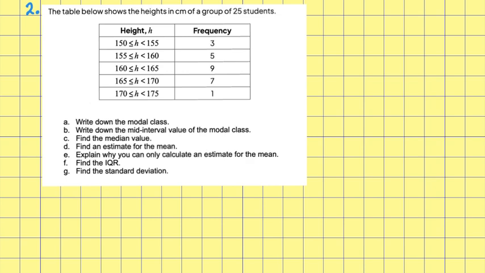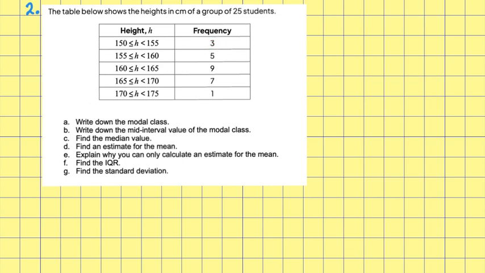Now we'll go through a grouped data question. Question 2. The table below shows the heights in centimetres of a group of 25 students. The height h and the frequency is shown in the table. So the first group is from 150 to 155, and there are 3.